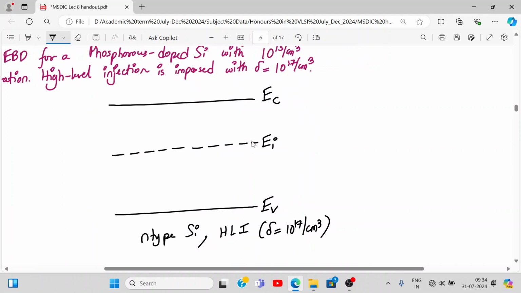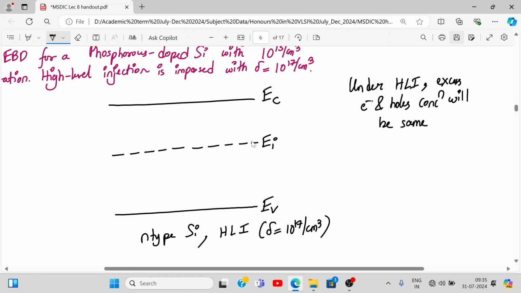So write down here one note. Under high level injection, excess carriers. What do you mean by excess electrons and holes? Excess carriers means over and above equilibrium because of high level injection. Excess electron and hole concentration will be same. I'll give you an example.